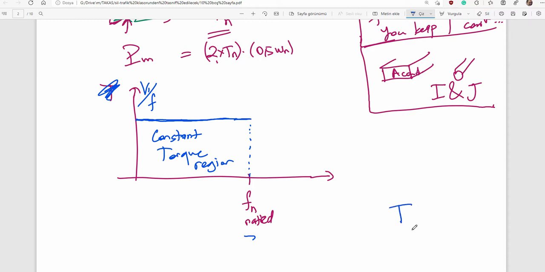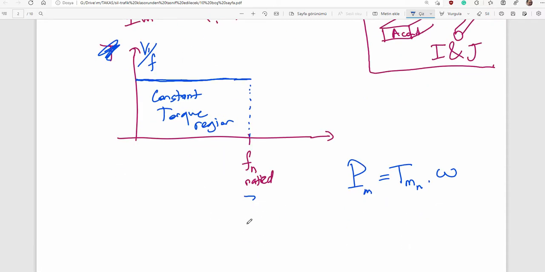But you keep constant torque at its rated value, and then you apply some speed change. Here is the power, mechanical output power. Now, take care, ladies and gentlemen.